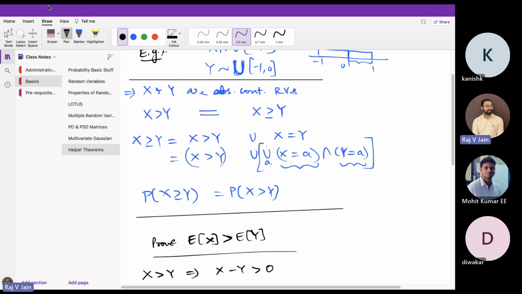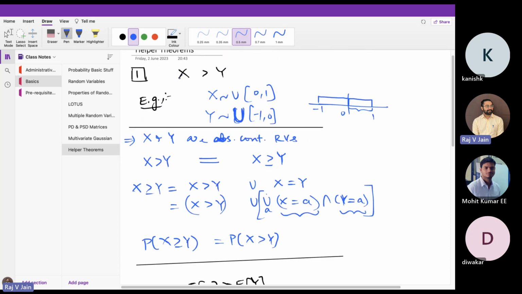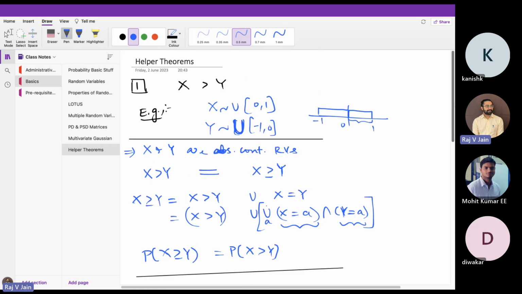Okay, so now we'll go ahead and look at the proof that if x is greater than y at all times. Another slightly non-trivial example could be something like this: let's say x is uniform 0, 1 and y is uniform 0 to x, right?